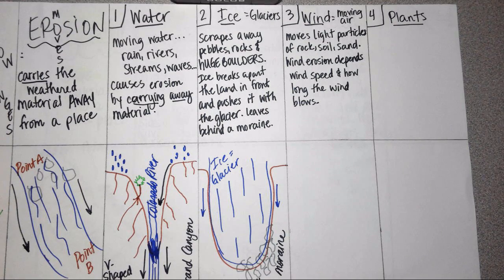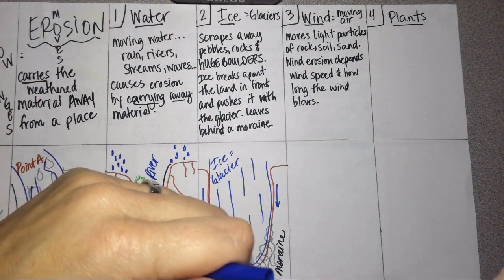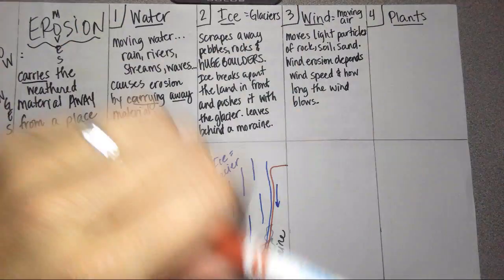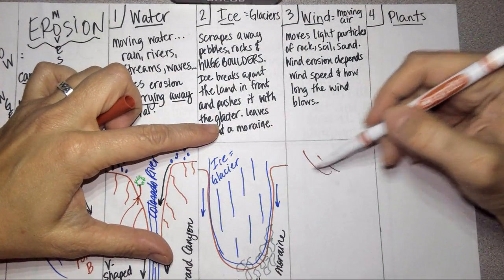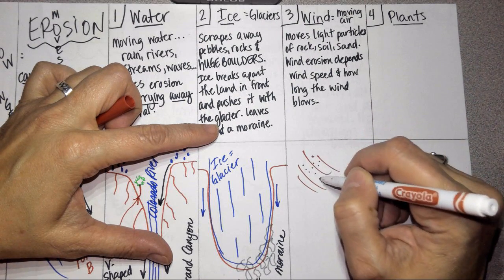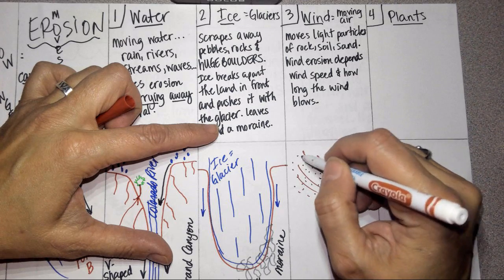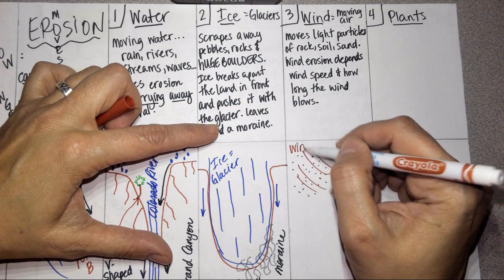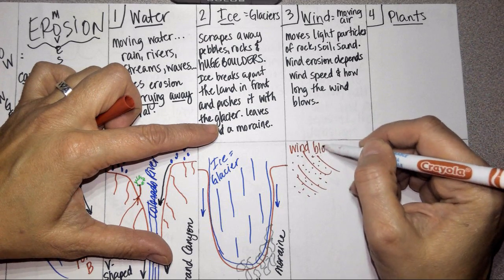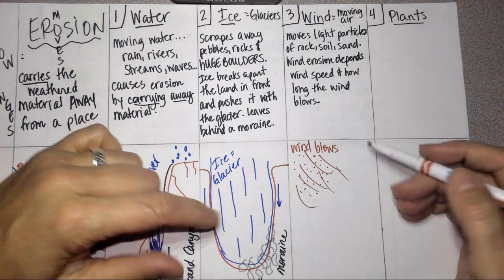And so when wind, let's see, I guess I use the brown because it's blowing sand, right? So remember, we got wind blowing, and in this wind there's these little bitty particles of sand, but then eventually the wind's going to stop, right?